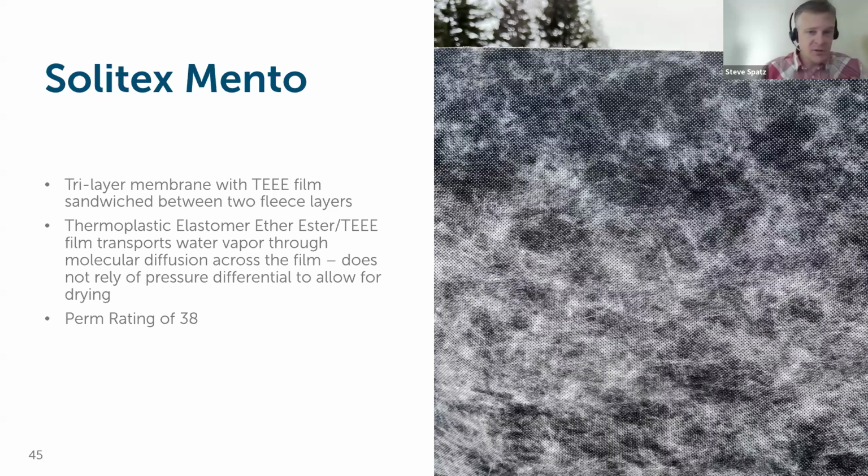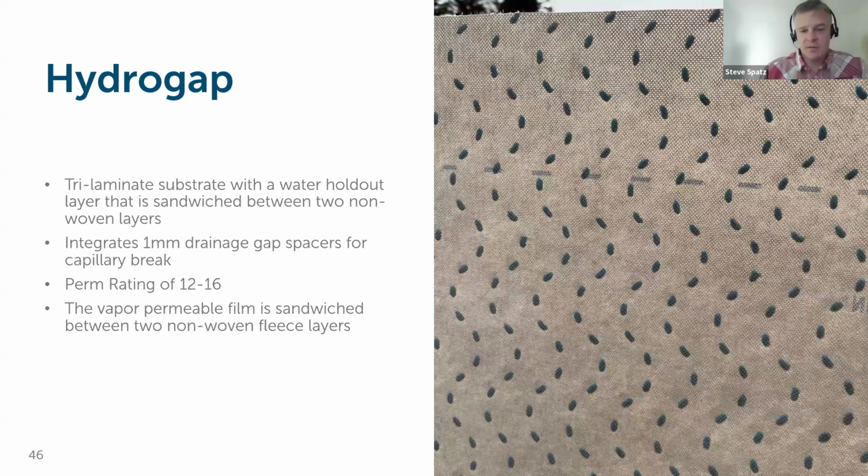It does not rely on a pressure differential for that to occur. It still has a very high perm rating, protected on both sides by a fleece backing. Different versions of these products are available for different uses, for roofs versus walls, and some self-adhesive products are available now too. So that is a different material type than the spun polypropylene.